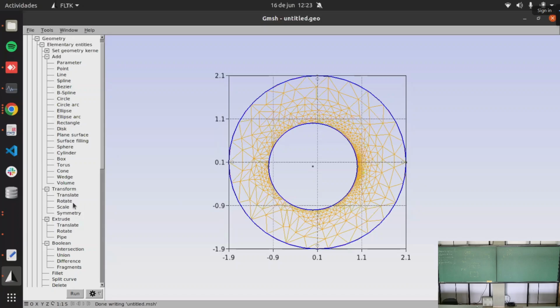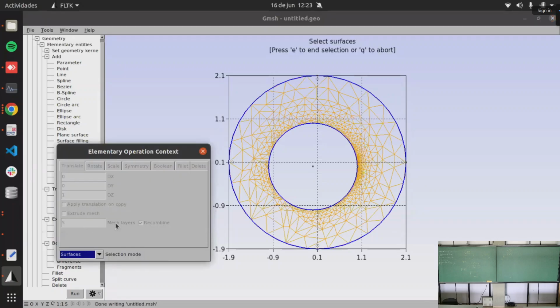Also you have the transform things. So if you perform it like this, you can translate it, rotate it, make it symmetric. I think the extrude is one very powerful tool. Maybe I didn't use it for curves, all entities, volumes.